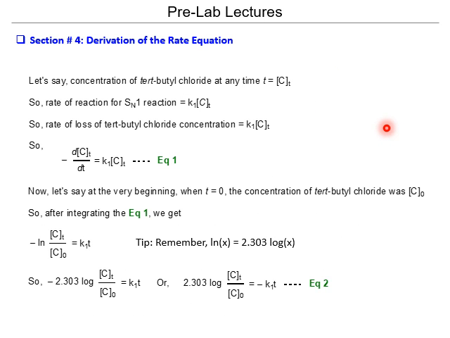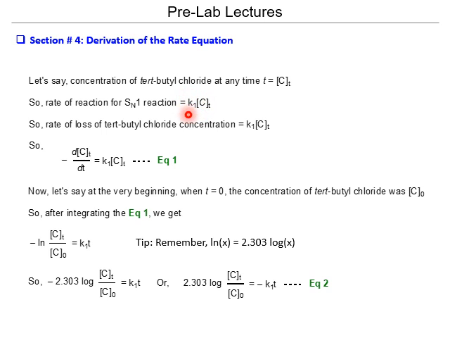So if we are going to derive the rate equation, we need to follow some steps. At first, let's say the concentration of tertiary butyl chloride at any time t will be Ct, and the rate of reaction for an SN1 reaction will be K1 multiplied by Ct.